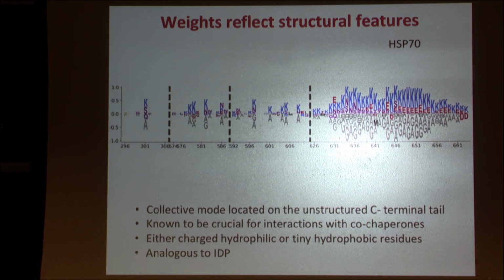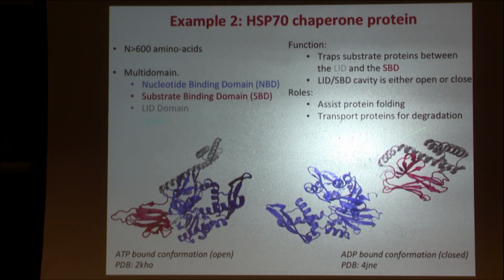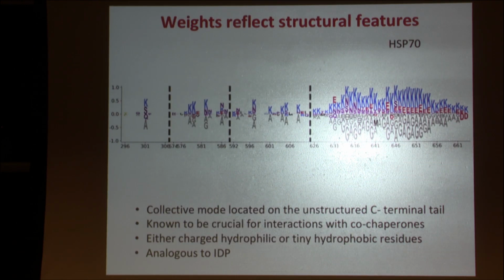This one is nice, at the end of the chaperone protein here, at the C terminal. You see the weights are almost 0 everywhere, and there is one hidden unit which is looking at the tail of the protein. It's making sure that either you have tiny hydrophobic residues here, or you have a charged tail, either all pluses or all minus charges, essentially.